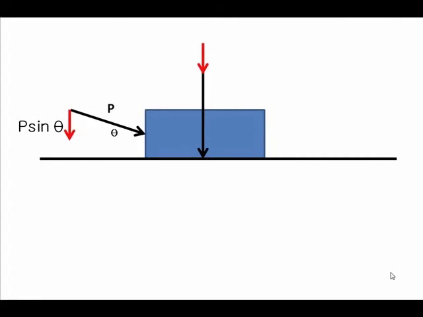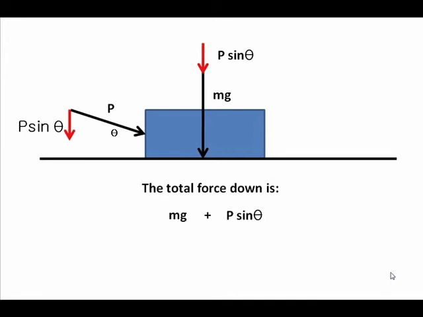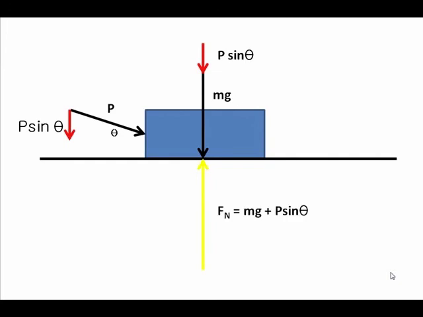If that's theta, that side is P sine theta. Therefore, acting down, we have P sine theta plus the weight, mg. The total down force then is mg plus P sine theta. And therefore, if the total downward force is mg plus P sine theta, that must equal the reaction force, the normal reaction force.